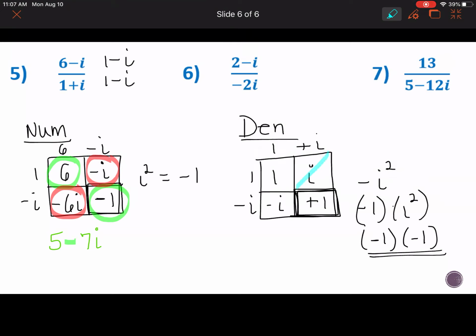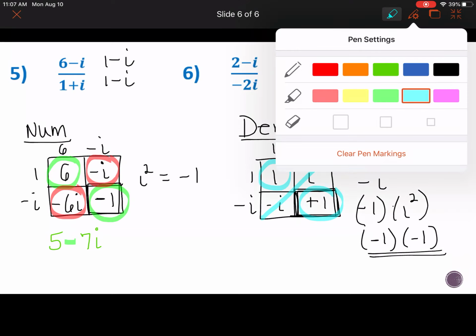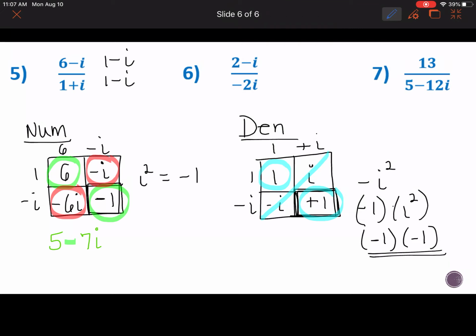So these cancel out because they're conjugates, and we're just combining our 1 plus 1, and that is going to give us 2. So our answer, and I'm going to write our answer for number 5 in red, is going to equal 5 minus 7i divided by 2.